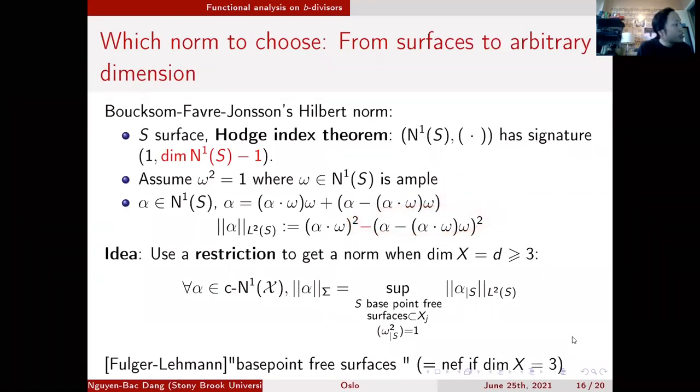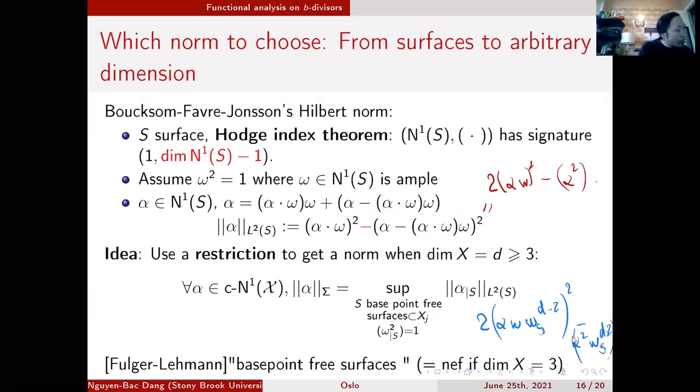So, okay, let me write the norm. It's 2 alpha omega squared minus alpha squared. So this is equal to this, basically. So in this case, what I read from this norm will be 2 alpha omega S to the power d minus 2, squared, minus alpha squared omega S to the power d minus 2.